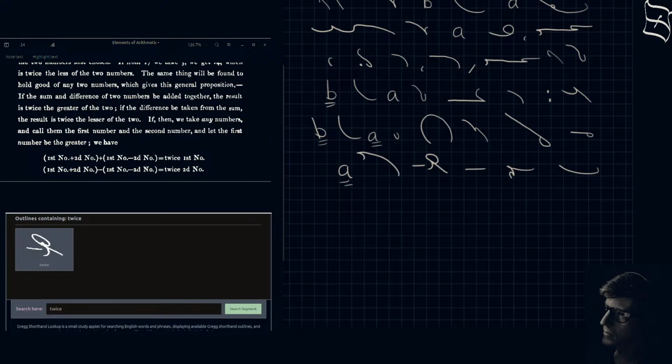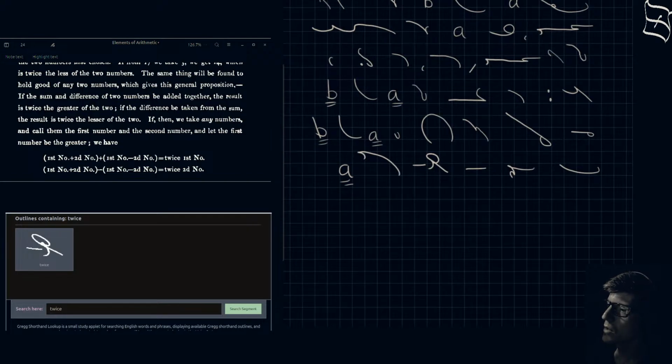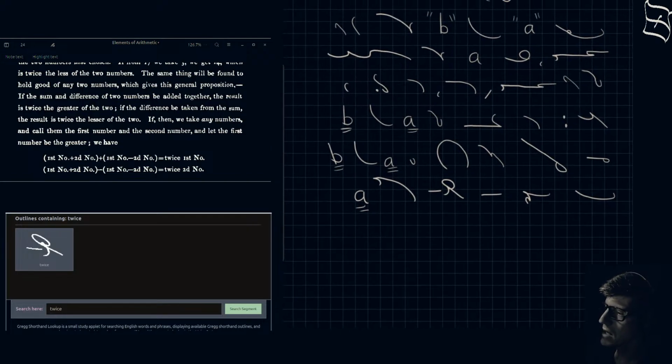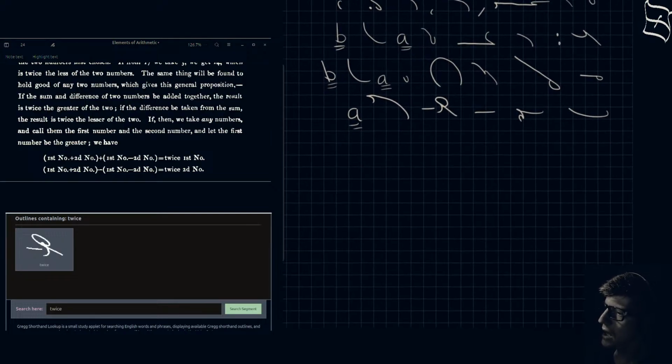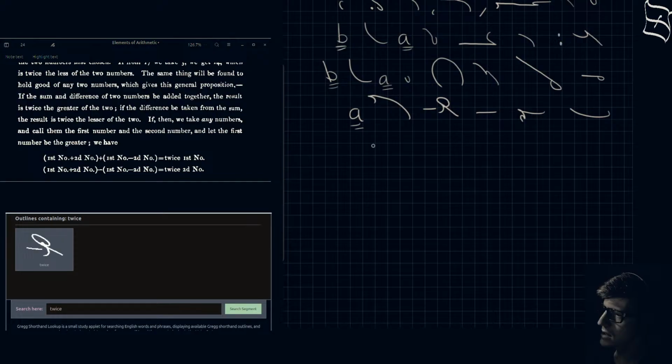Pretty interesting. Okay, those are letters, by the way, right? A, B, A, B. So it will result in twice times A. And we can lay that out in this particular form.